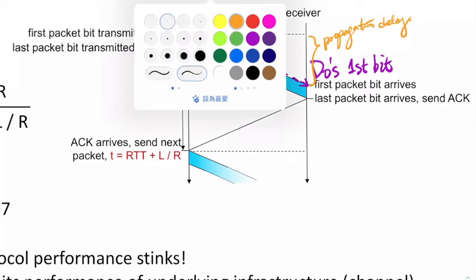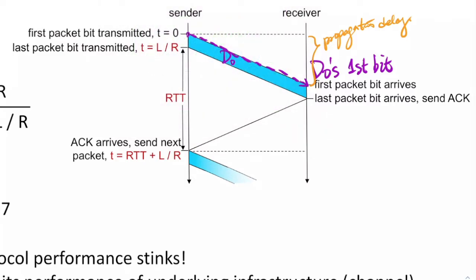And we assume that there are a total of L bits in D0. So here is D0's last bit, and within them there are a total of L bits.